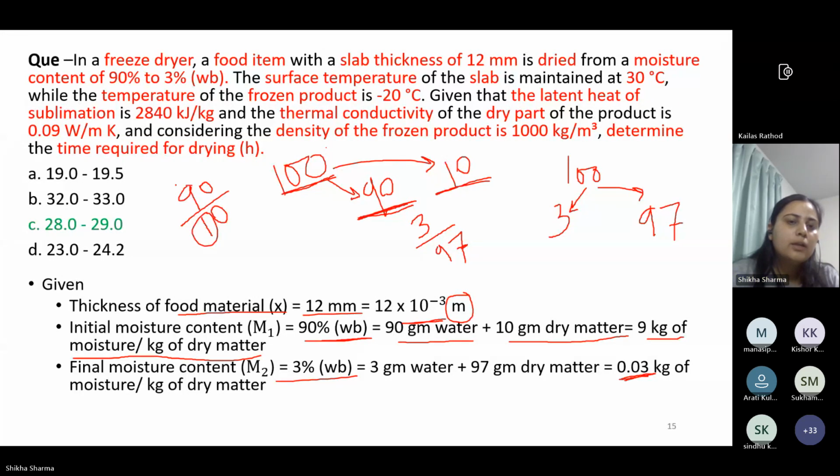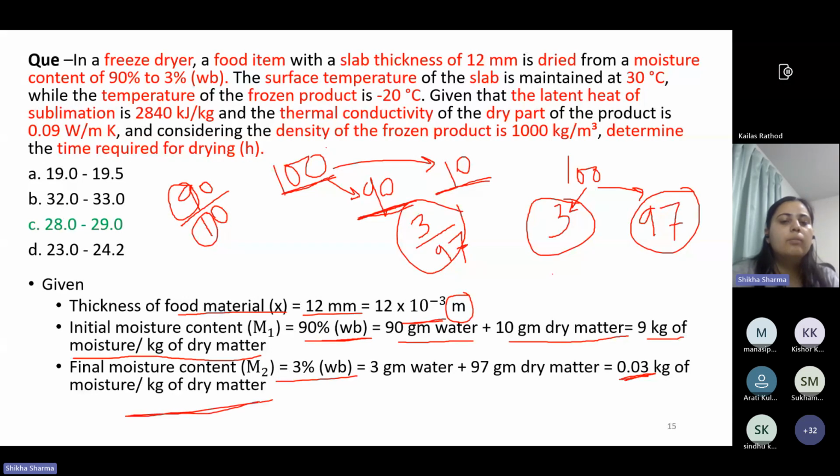Whereas in the final, when the moisture content is 3%, 3 is water out of 100 and 97 is dry material. So 3 divided by 97 is 0.03 kg of moisture per kg of the dry matter.